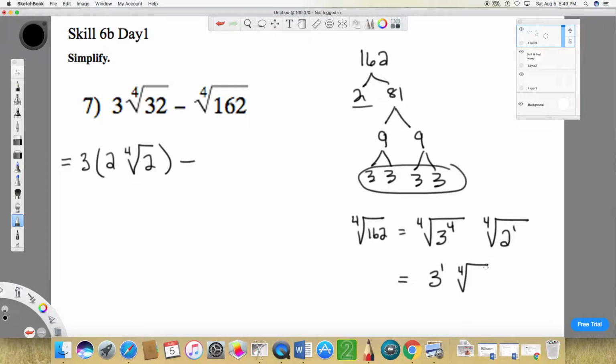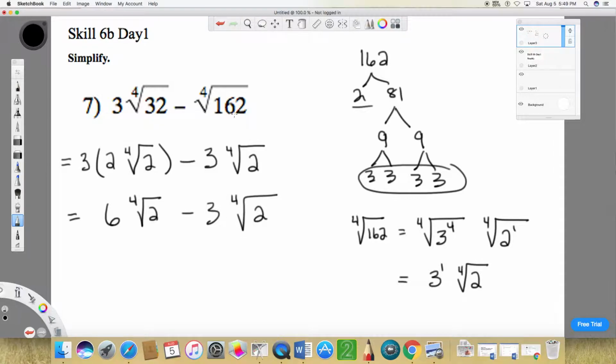So over here, this is 3 times the fourth root of 2. So here we can multiply 3 times 2 and get 6. And look, we do have like terms.